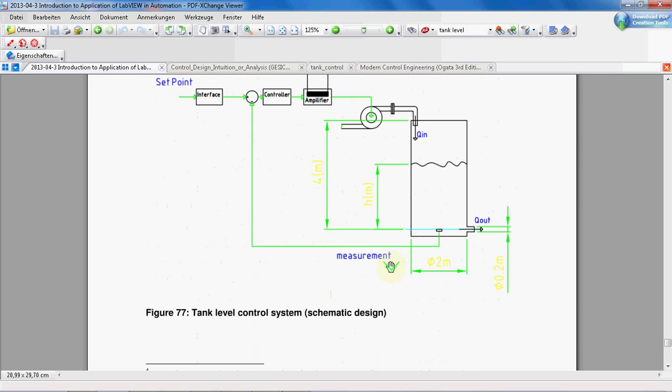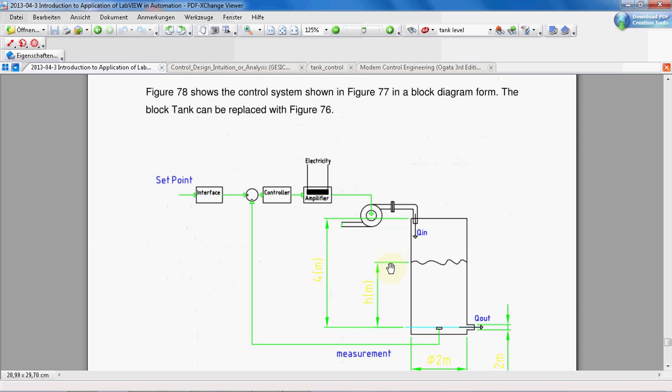Another point I have to add to this design.